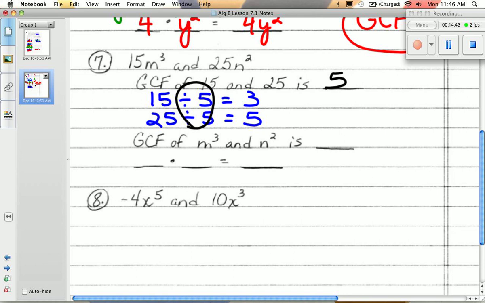Do you agree with me that the GCF of 15 and 25 is 5? Okay. What's the GCF of m cubed and n squared?